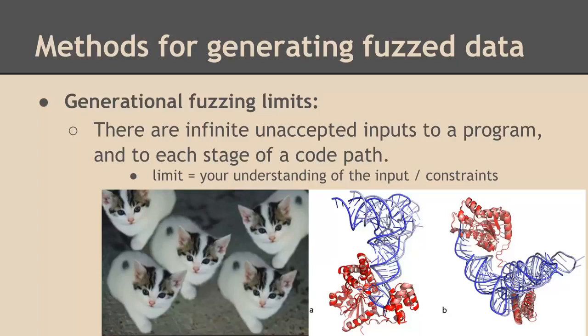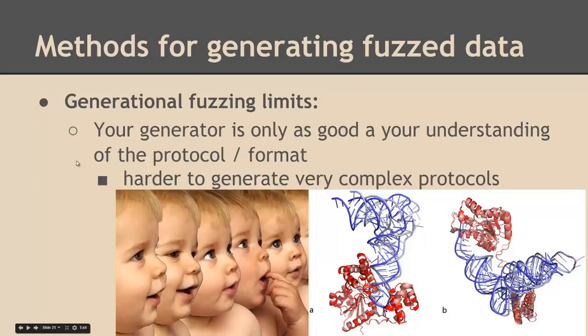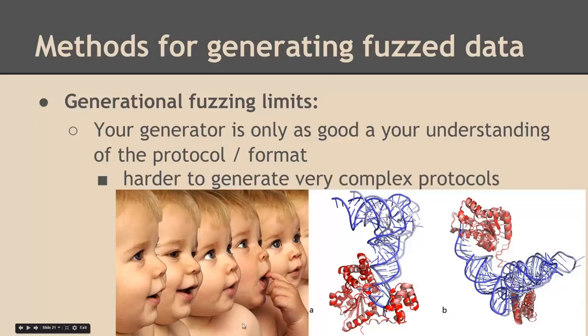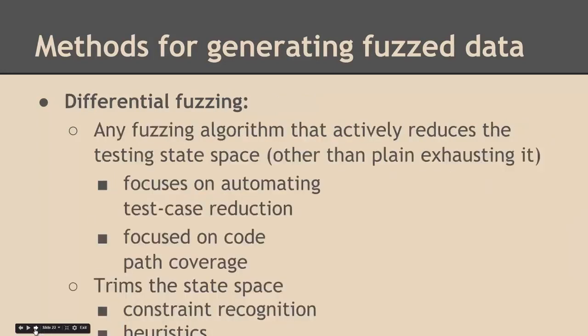So, as I said, the RFC and any other specifications are very useful for pushing past these barriers, so you can develop your fuzzing accordingly. And that being said, it's very, very hard to generate complex protocols. A simple case would be cloning kittens, and a more complex case would be cloning variants of human beings or Homo sapiens.